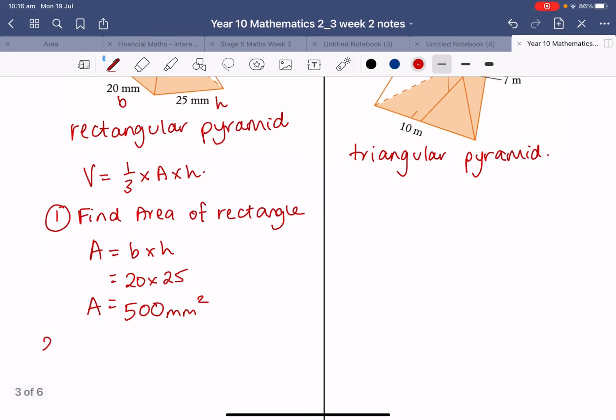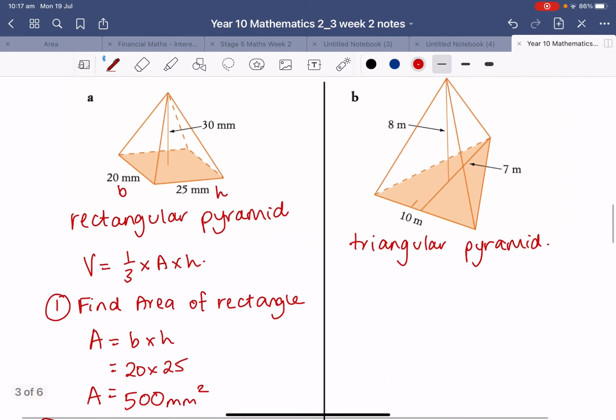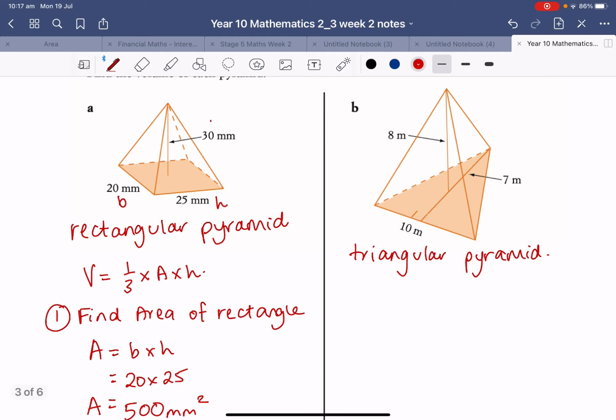Our second step is to find the volume. So the volume, again, is a third times the area of the base times the height. Let's go back up. Our height is our 30 because it is a perpendicular height from the base all the way to the top.